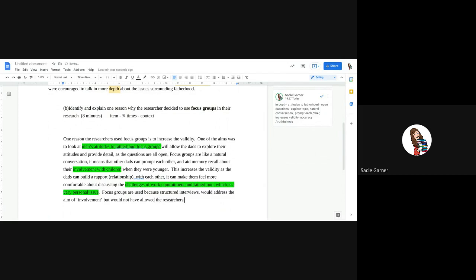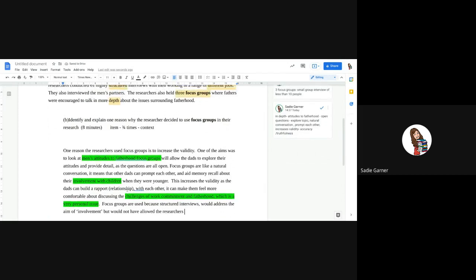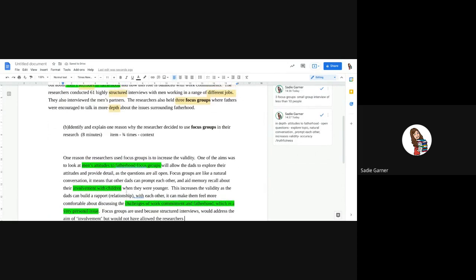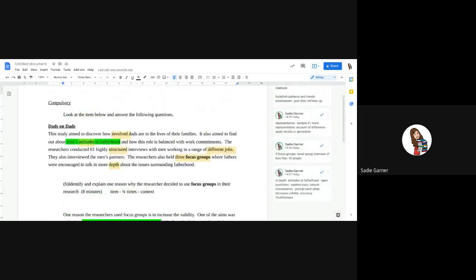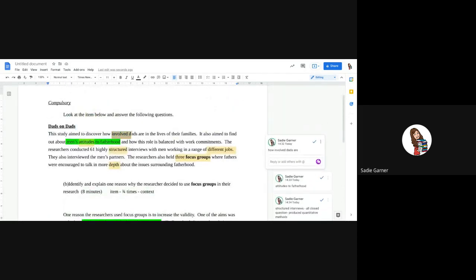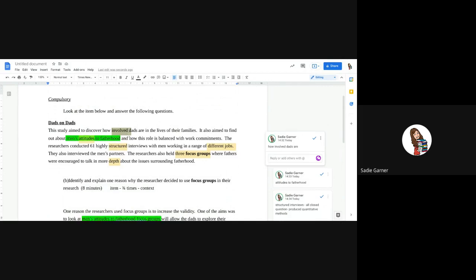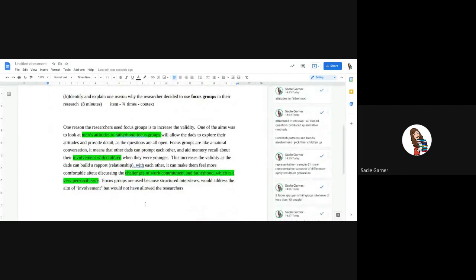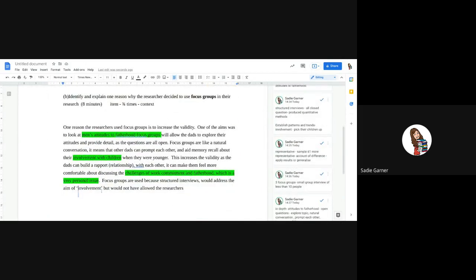So the focus groups were used because the structured interviews would only address the aim of considering their involvement. How much did they physically do? How many hours? What time? How many plays?